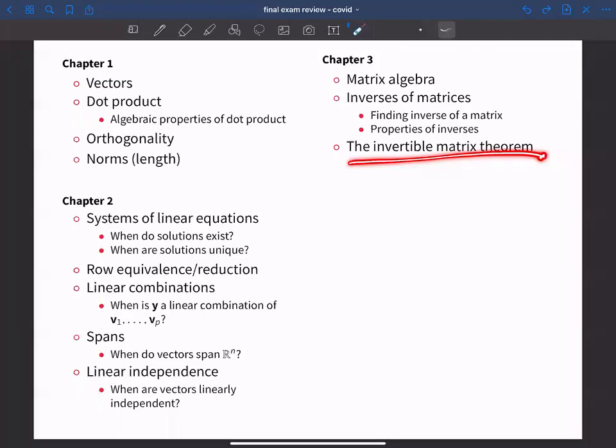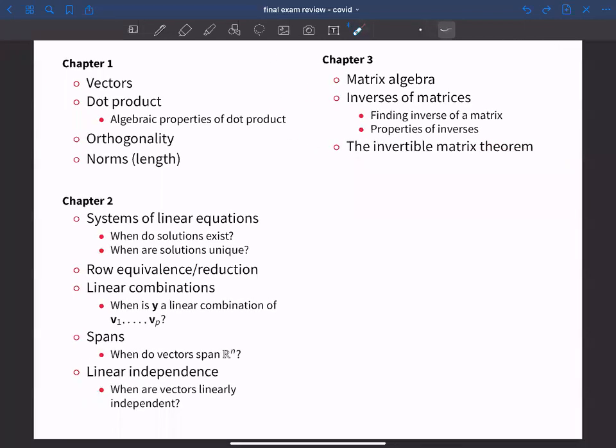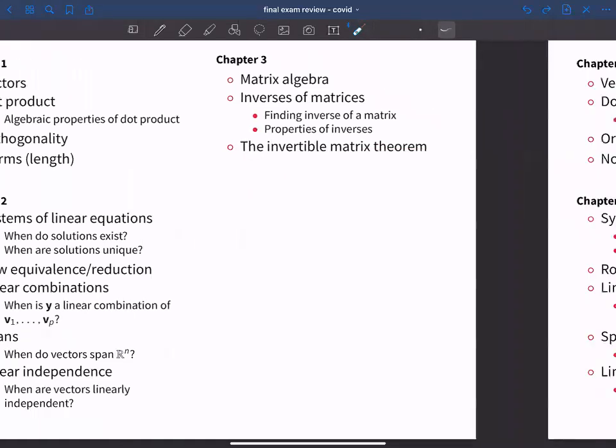I wouldn't memorize this theorem per se, and we'd never ask you to list everything on it, but looking at the theorem, you should be able to understand why each of those different facts is equivalent to the matrix being invertible. You don't have to memorize parts 1, 2, 3, 4, 5, but you do have to know why each of these facts tells you that a matrix is invertible.